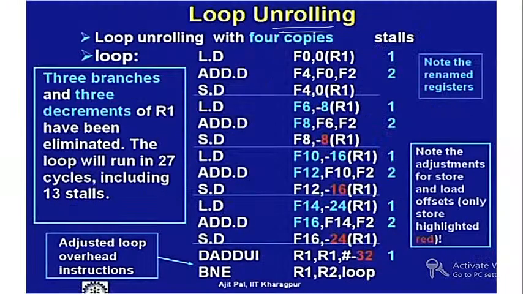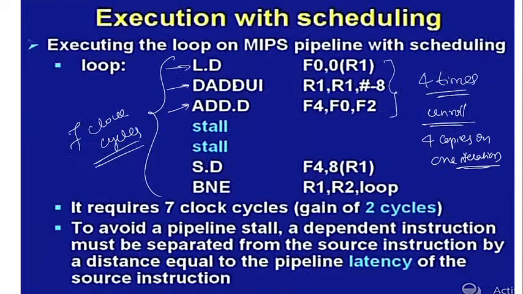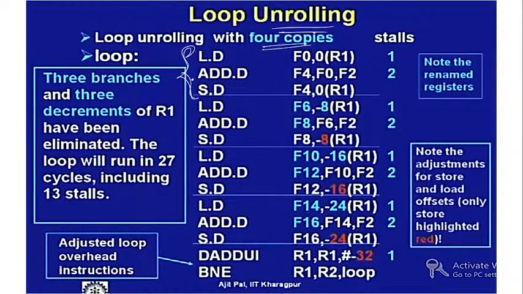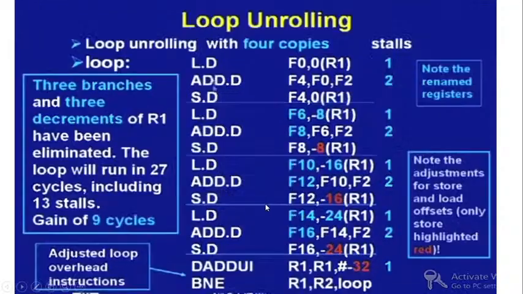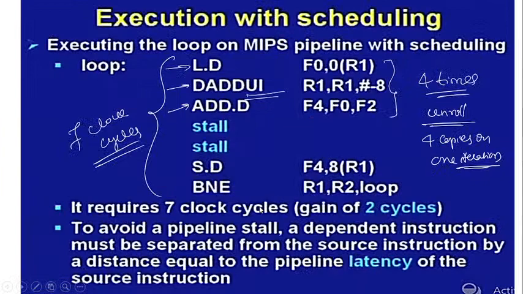So the compiler will replicate or duplicate with 4 copies. This load, add and store will make a copy. Copy means it is rearranging the instructions.